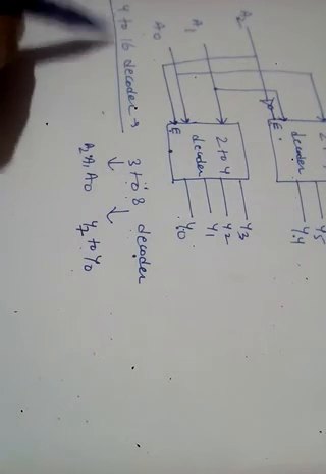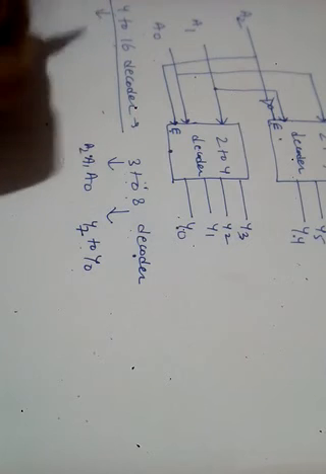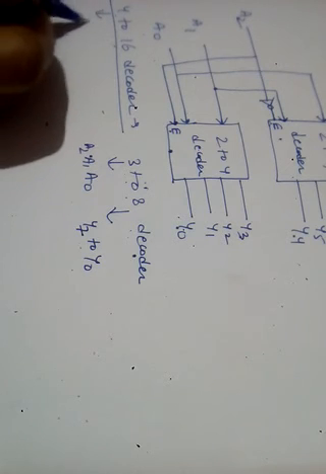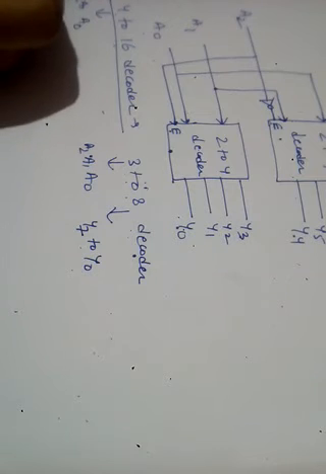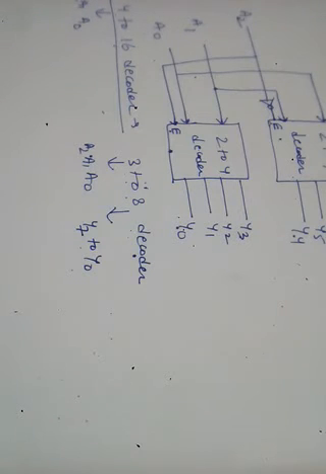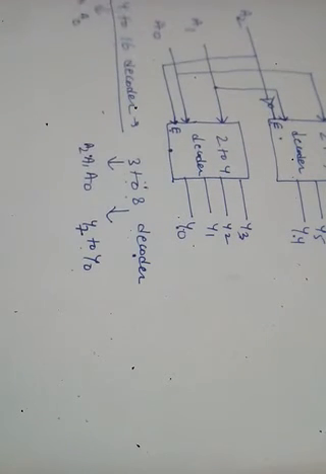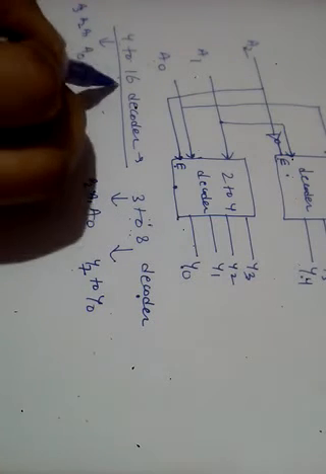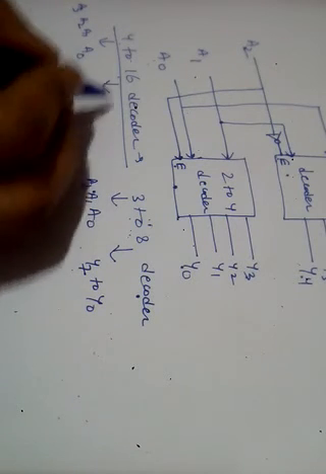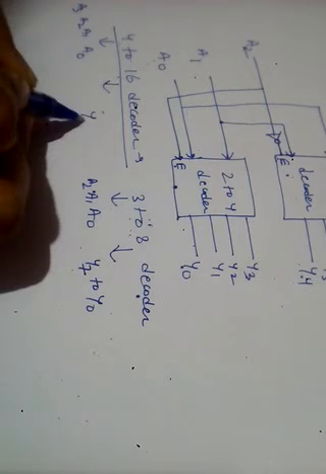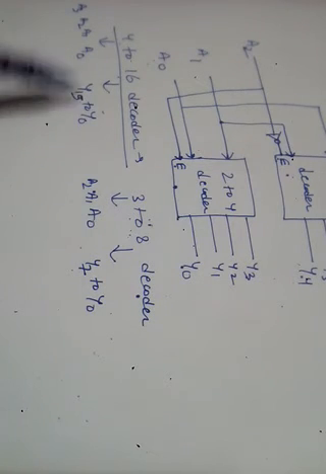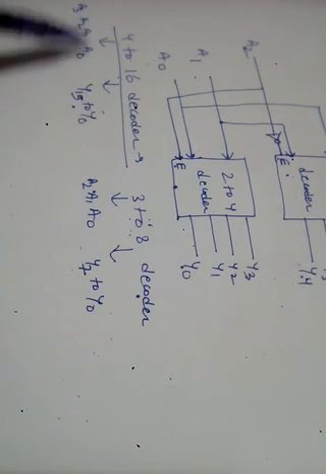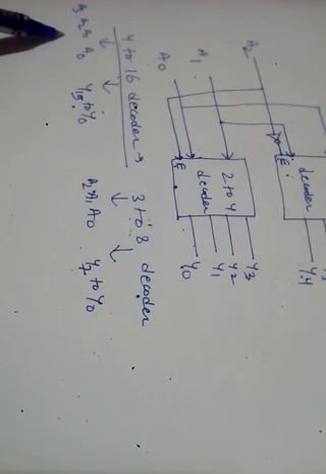And the 4 to 16 decoder has 4 inputs, suppose A0, A1, A2 and A3, and 16 outputs, Y0 to Y15.